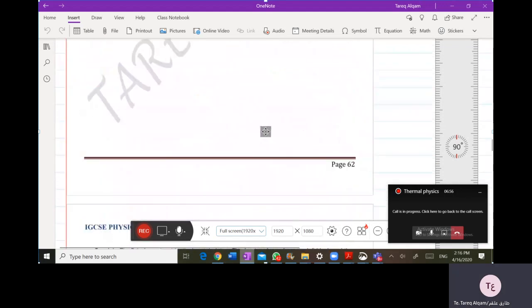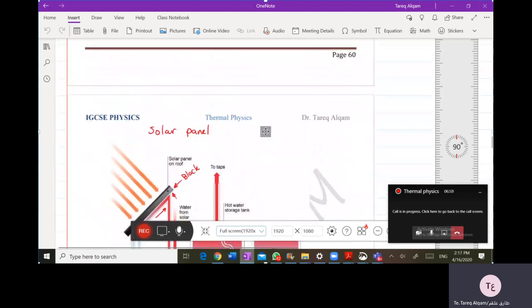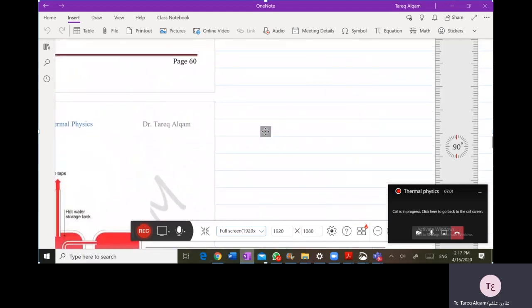Just a quick revision here, guys. We have 3 ways for heat to be transferred, right? Conduction, convection, radiation.